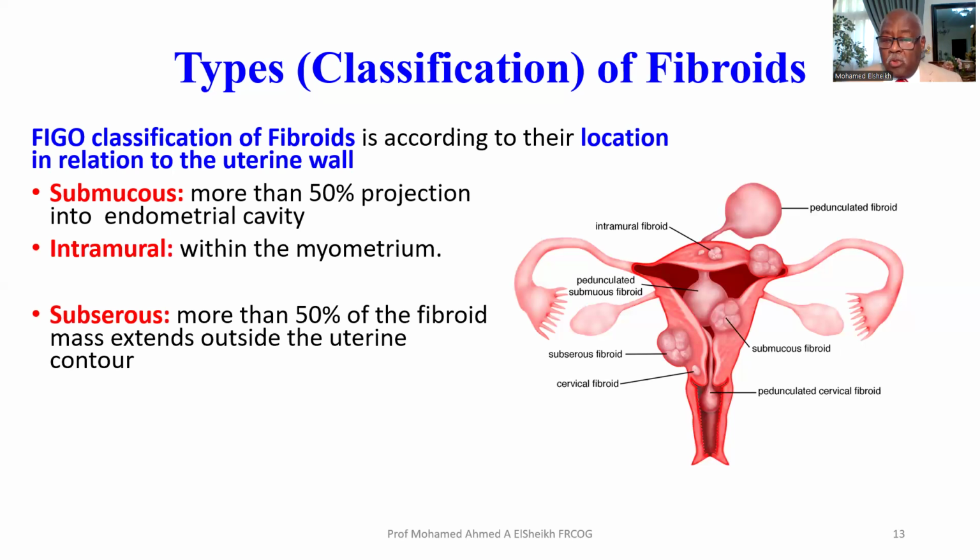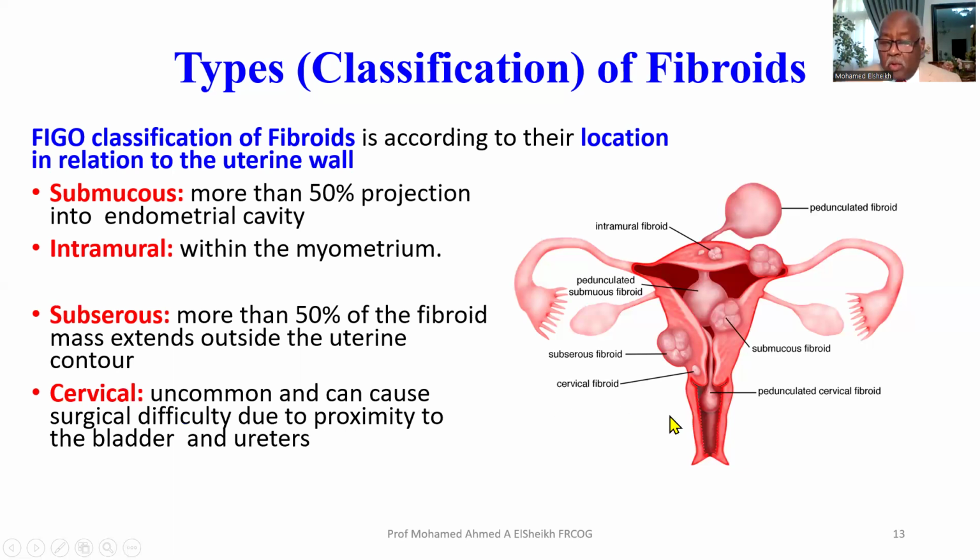So all is related to the uterine wall. Those within the uterine wall are called intramural, or submucous here, mostly within the cavity, or mostly outside, where we call it subserous fibroid. We could also get cervical fibroids occurring here. This is the polyp, it's not the fibroid. The fibroid is here, cervical fibroid. Or we can get them extrauterine, outside the uterine cavity, in different parts, as we will see in a minute.